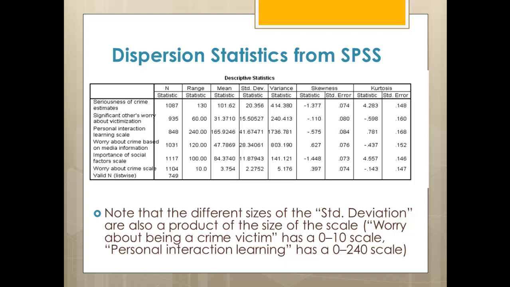If you're trying to figure out a typical score on the high end, you take 31.371 plus 15.5, and on the low end, you take 31.371 minus 15.5, so that you have a range. Ballparking it by eyeballing it, not using a calculator, my range is going to be somewhere around 15 to 46. So that's a 1 standard deviation range of what a typical score is here.